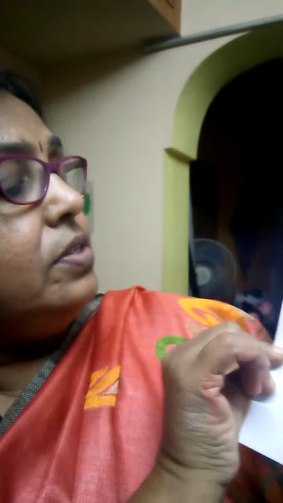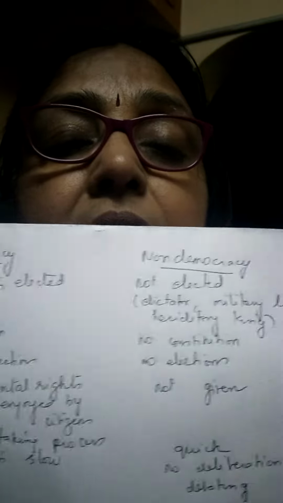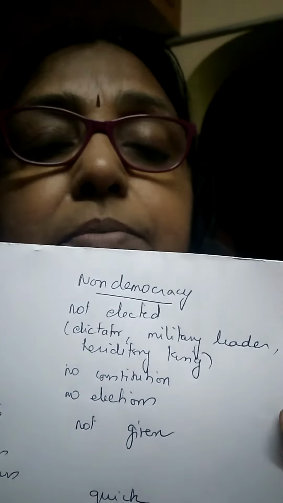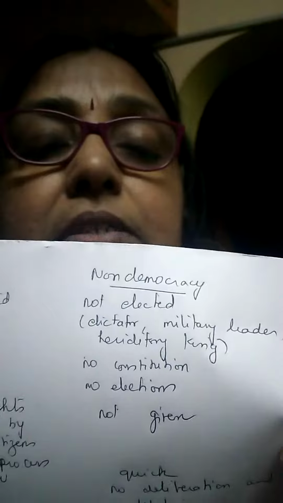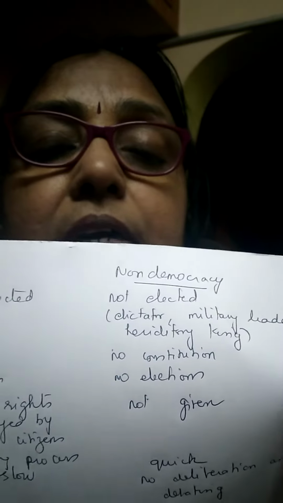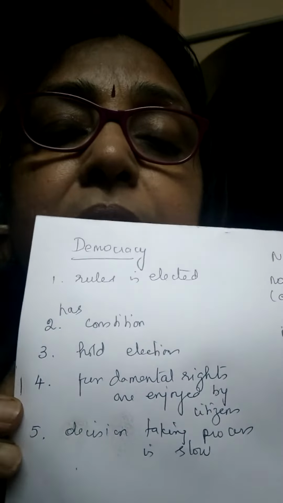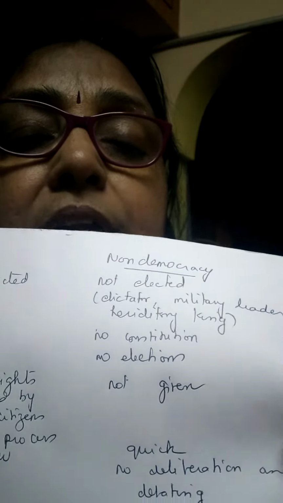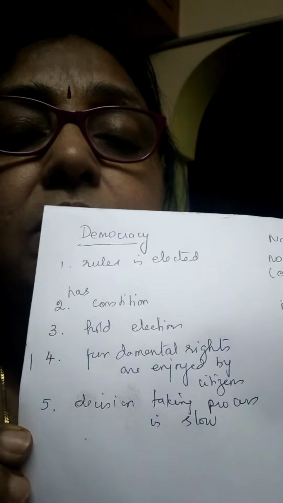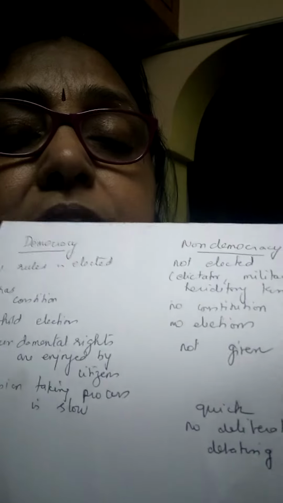The first one: in a democracy the ruler is elected. Here the ruler is not elected, because it is a military ruler, dictator or hereditary king. Then the second point: a democratic government has a constitution. There is no constitution in a non-democratic country. Here elections are held. Here, no elections.